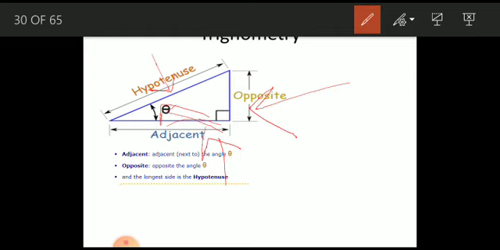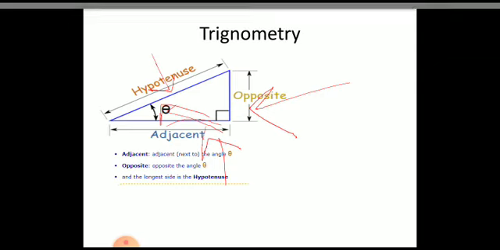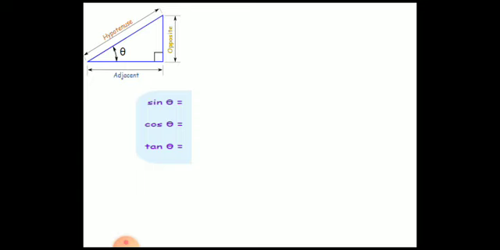I want you to remember this basic knowledge. There is an angle theta, there is an opposite side, there is an adjacent side, and then there is the hypotenuse. Basically, you can see from this figure that it is similar to the figure that was given in the earlier slide.